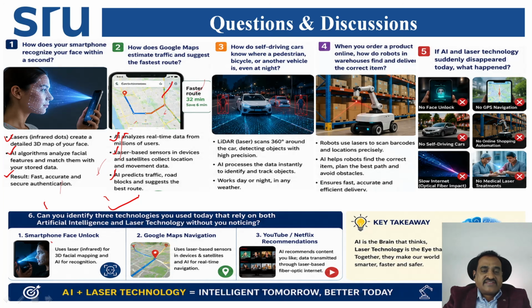Number one, smartphone face unlock; second, Google Maps; third, YouTube and Netflix recommendations. Artificial intelligence is the brain that thinks. Laser technology is the eye that sees. Together they make our world smarter, faster and safer. AI plus laser technology: intelligent tomorrow, better today.